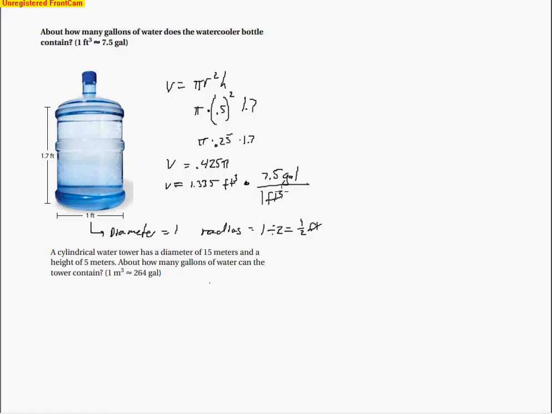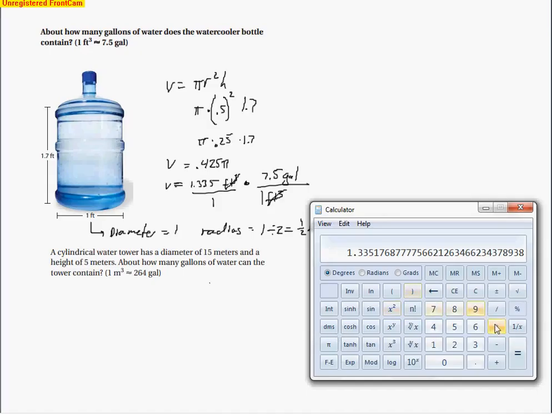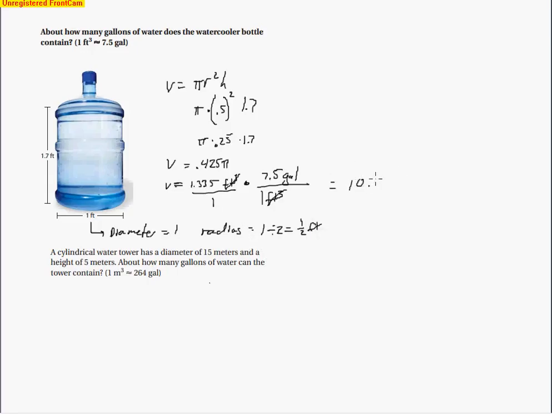And what that's going to do is cancel out the cubic feet, because this is over 1, and it's just going to leave me with gallons. So now I'm going to take that answer and multiply by 7.5, and that gives me 10.013. So about 10 gallons of water is what that ends up holding.